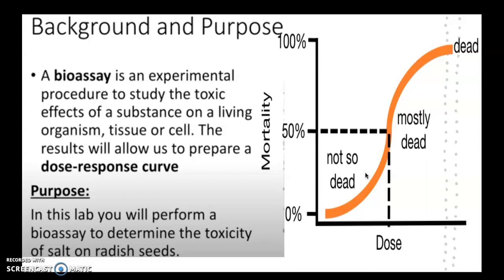But when you get beyond the 50%, look at the area under the curve. Look at how quickly it increases. And there you get to the mostly dead area. So basically the LD-50 is a good marker for dosages for either toxicity or for effectiveness of a drug.